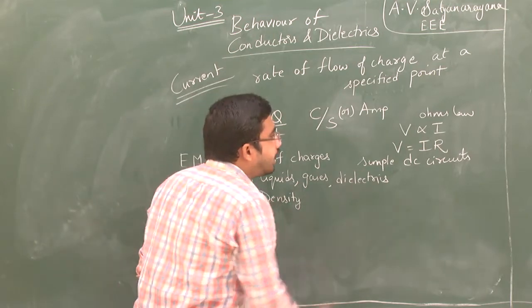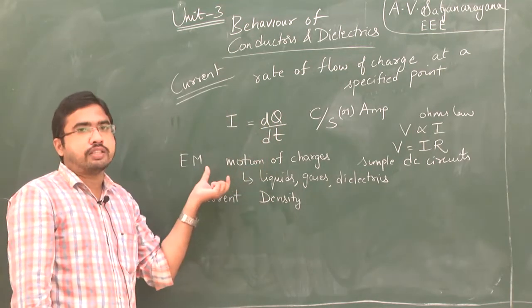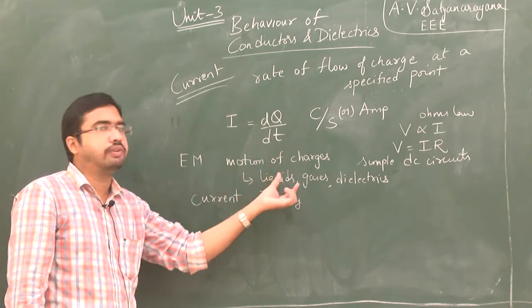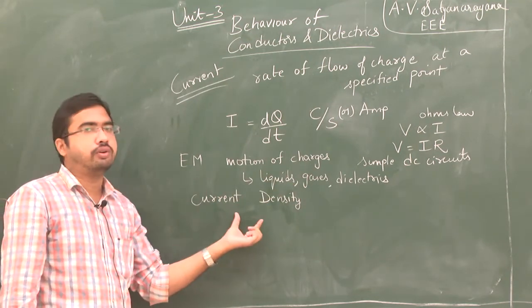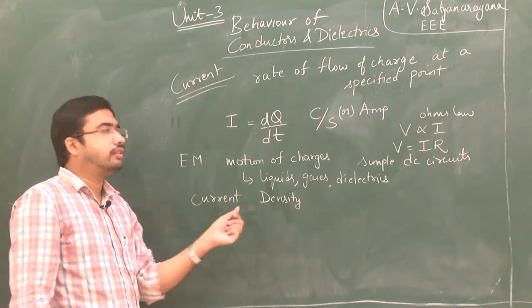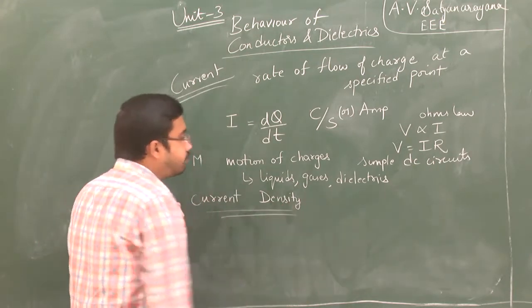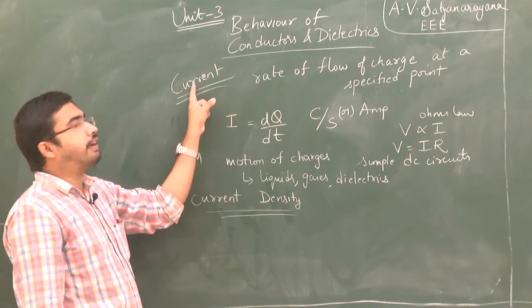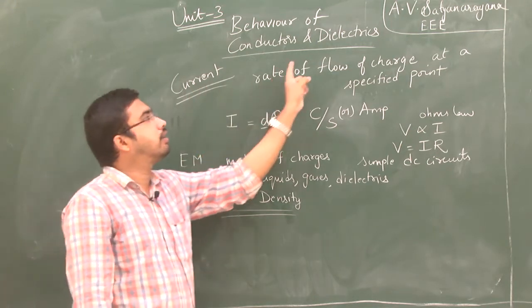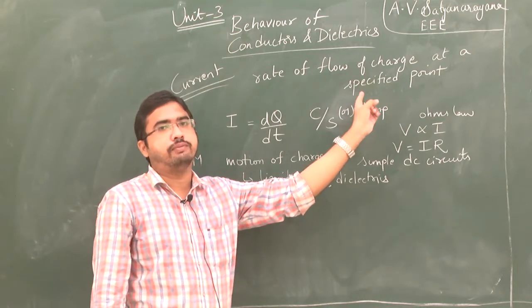So we said that for a complex study of motion of charges in liquids, gases and dielectrics in electromagnetic field theory, we need to know about current density. Then what is this current density? We need to define it. Already we defined current as the rate of flow of charge at a specified point.